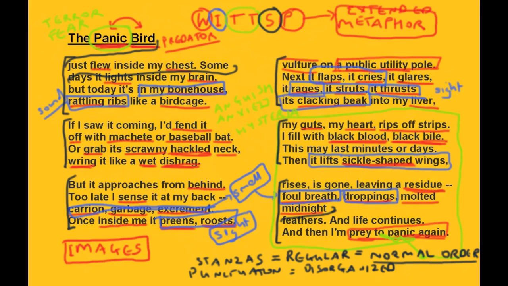And what you see is this punctuation and structure gets increasingly more disjointed. That's another word we'll add there. Disjointed as the poem progresses. And what we can summarize is that it's very disruptive.